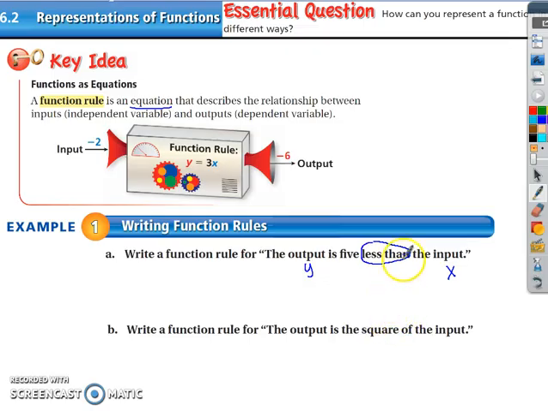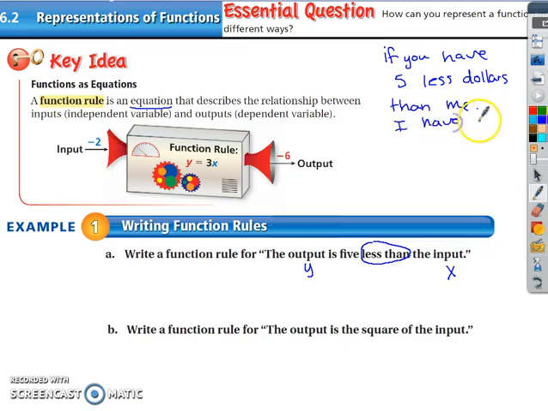For example, if you think about if you have 5 less dollars than me, and I have maybe $12, we can figure out how much money you have.